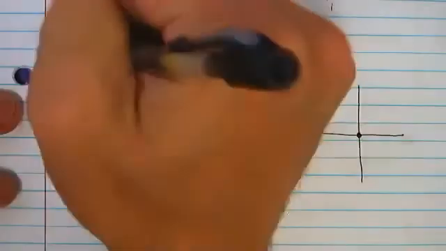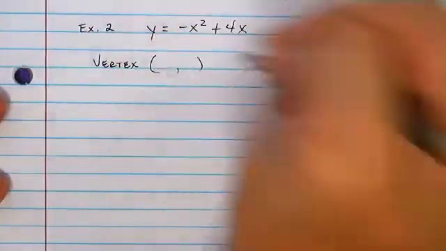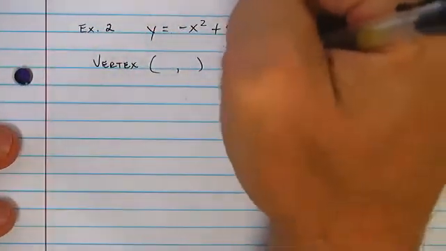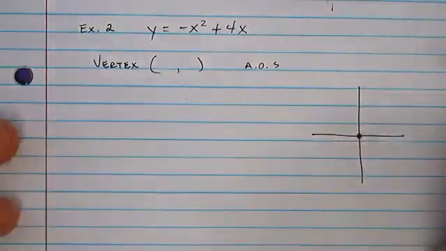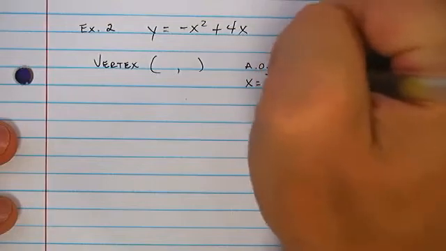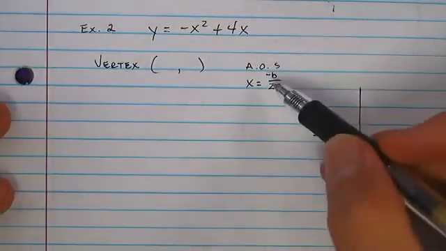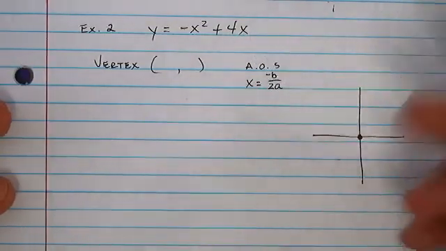So in order to find, again, the vertex, I need an x and a y. And in order to do that, I'm going to use the axis of symmetry. That is, again, x equals -b over 2a. Again, this is opposite b. In this case, it's a +4.